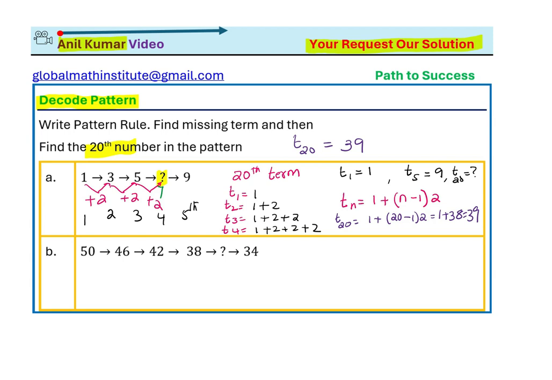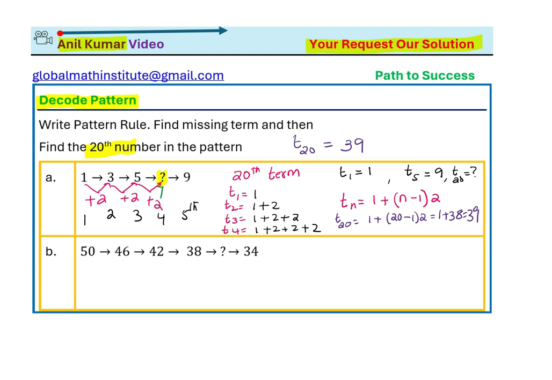Now we are going to use the same concept to do the next question. The whole idea is to understand this concept and develop this strategy of developing formulas, creative thinking. Okay, 50, 46, 42, 38 is your next question. You can now pause the video, develop this formula, and tell me what the 20th term for this sequence will be. Well, let's go through this process once again.